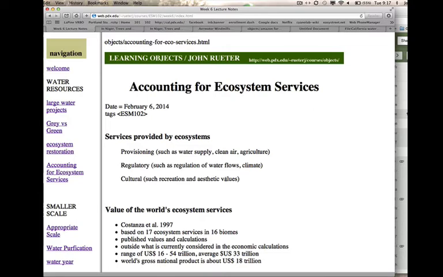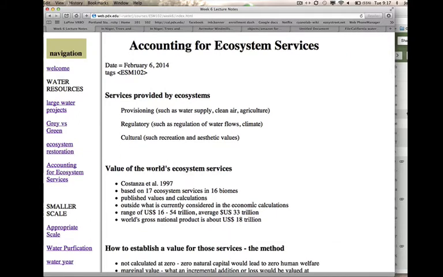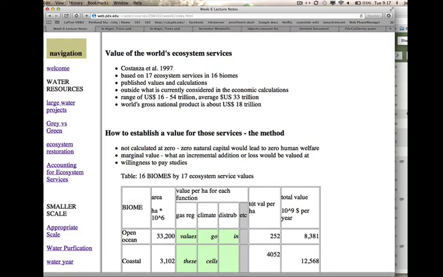So if you just say, well, we just want the water, and that's what they did in Quito, they were able to generate $1 million from that one forested ecosystem. But what's the actual value of the ecosystem services that came from that forest?